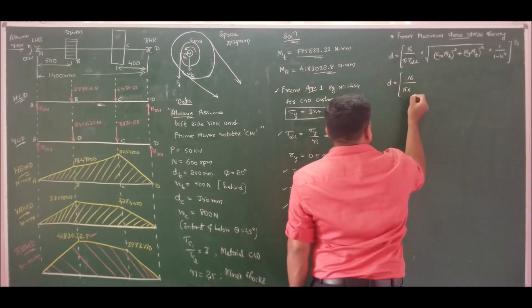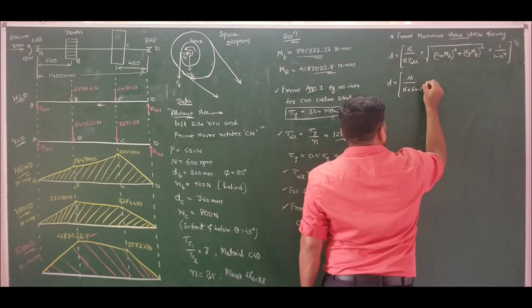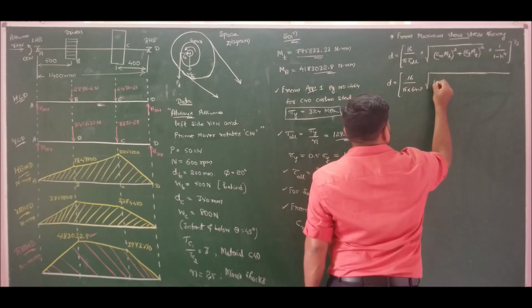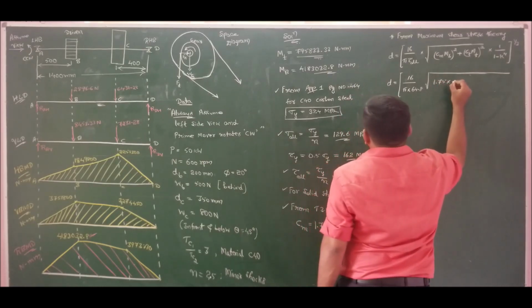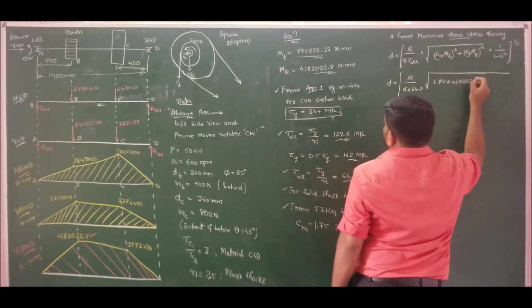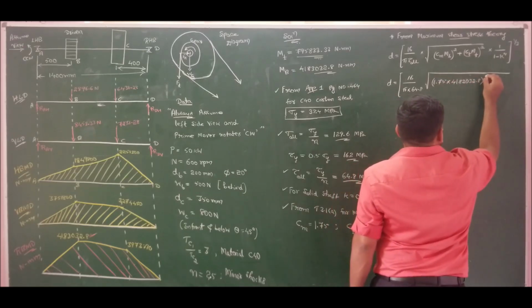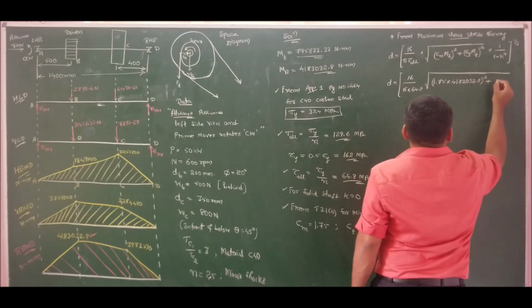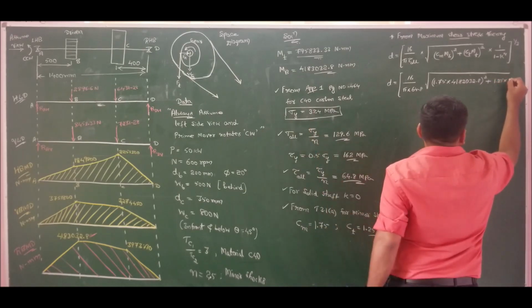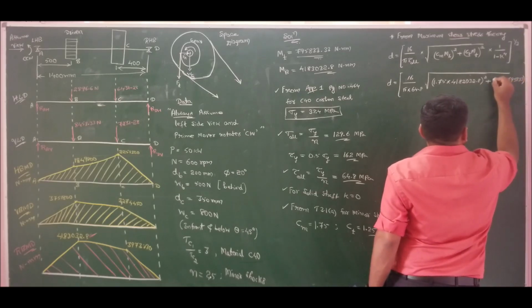16 by pi times tau allowable is 64.8 into root of Cm is 1.75, Mb is 418032.8 whole square plus Ct is 1.25 into Mt is 795833 whole square.